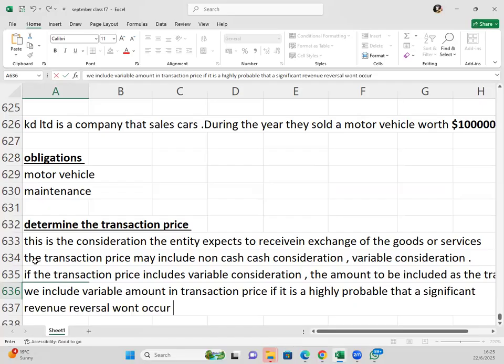Because if it turns out that we have not received that 5,000, we might need to reverse the revenue. So include it if there is a high chance that after you've included it, you don't need to later reverse it from our revenue, because you're the one selling.